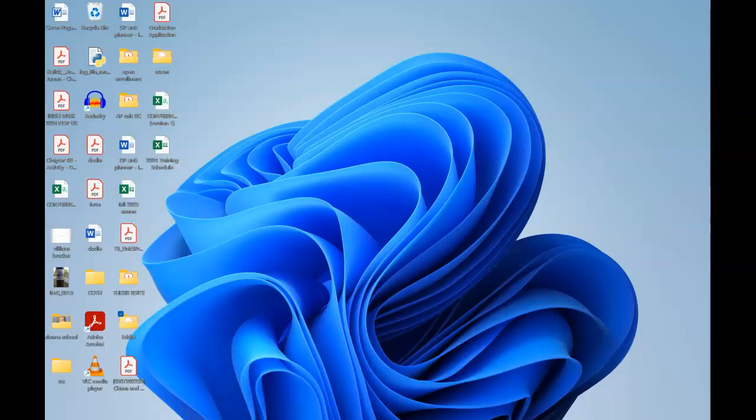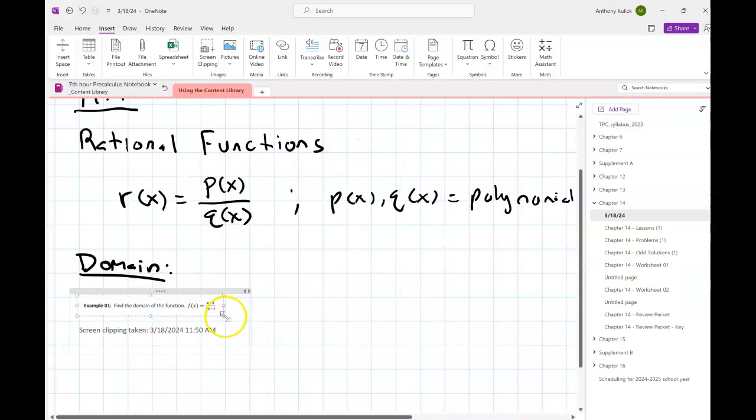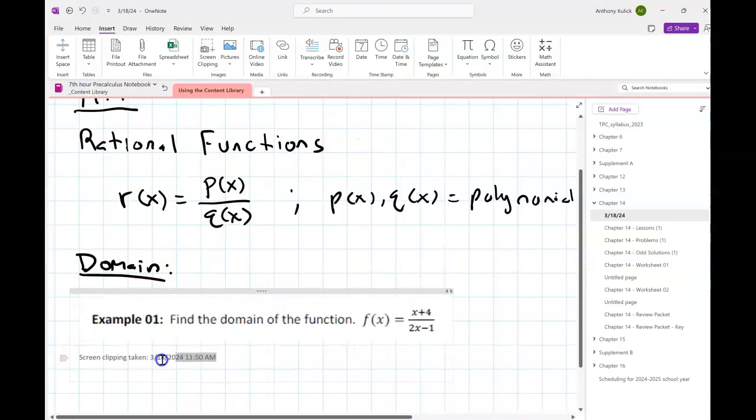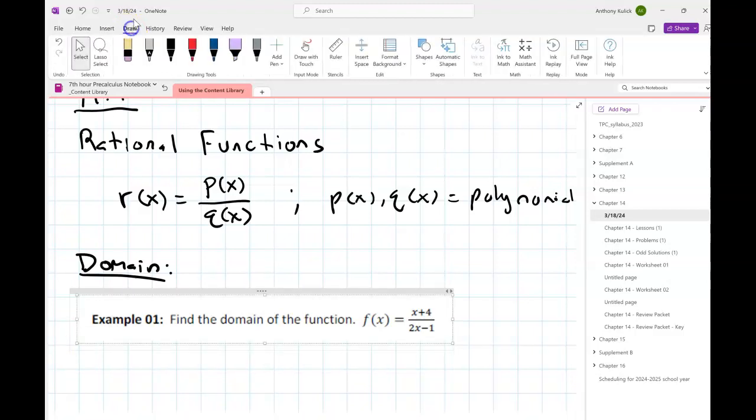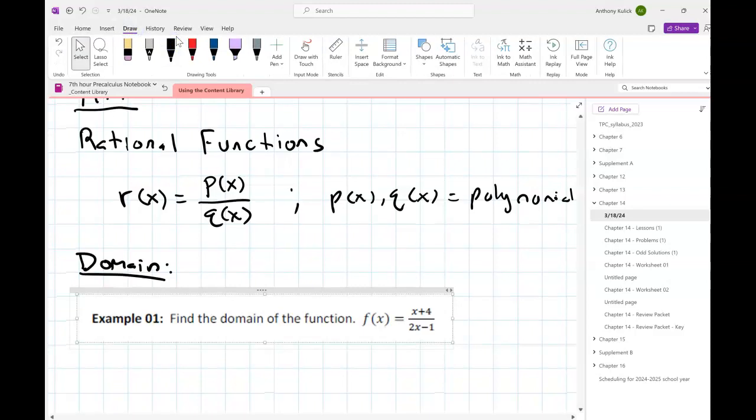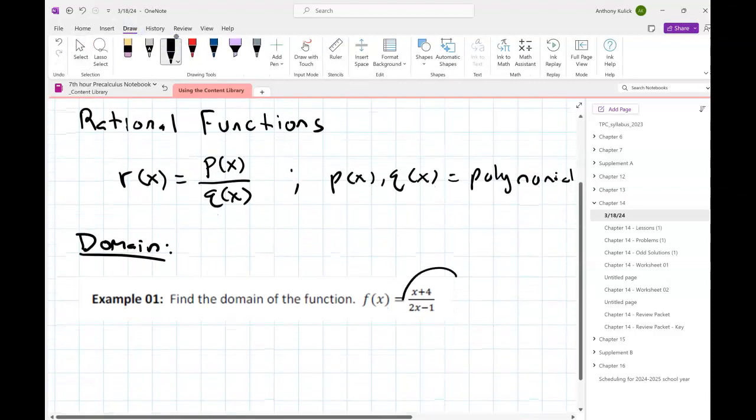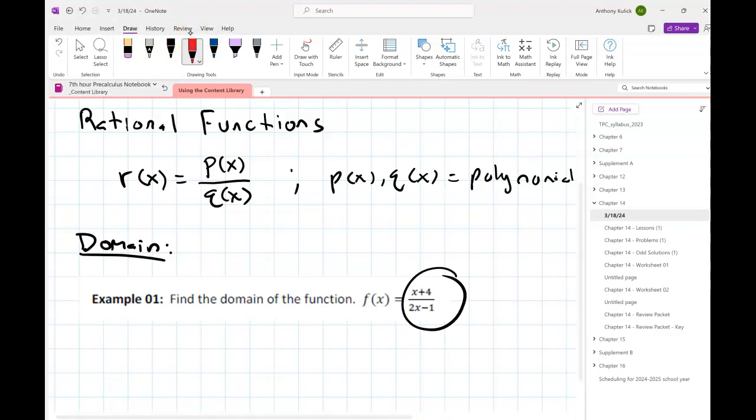So we talked about how to find domains algebraically in first semester. Does anybody remember how to do this? Well, let's ask the question here. If I look at my function here, what operations are going on in x plus 4 over 2x minus 1?